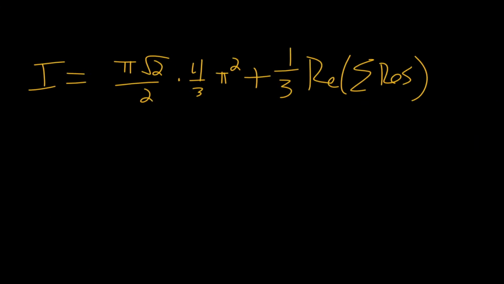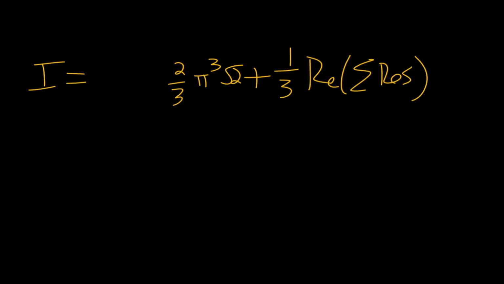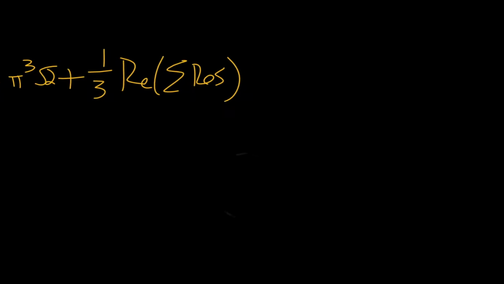So we can simplify this right here just real fast. This is a 2, 1, and then a 2, and that's just going to be pi to the third. So really it's a 2/3 pi to the third root 2. So now this is just a matter of finding the sum of all of our residues. So let's go do that, shall we?